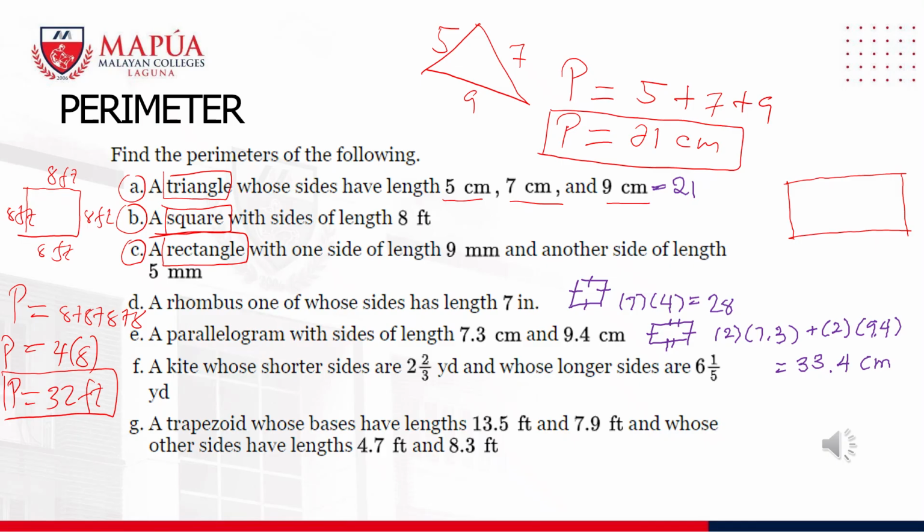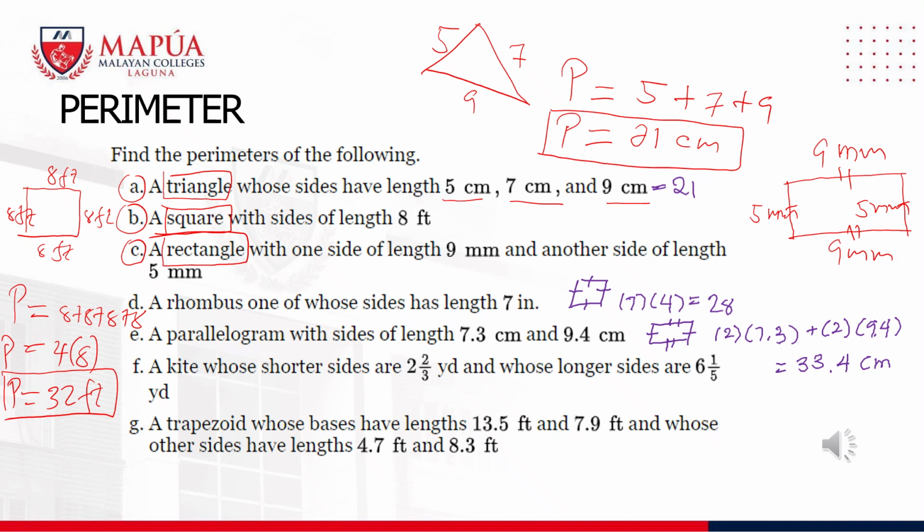So considering this is the length, 9 mm, this side here is also 9 millimeter. And the other side length is 5 mm. So assuming this is the 5 mm, this is also 5 mm.